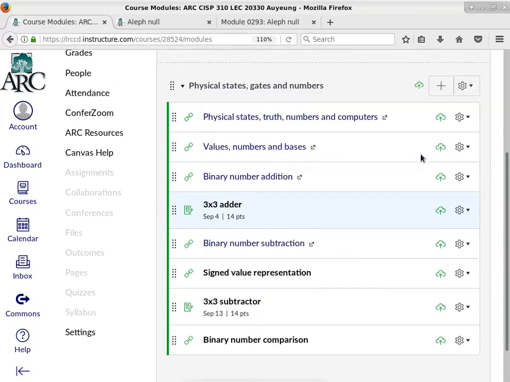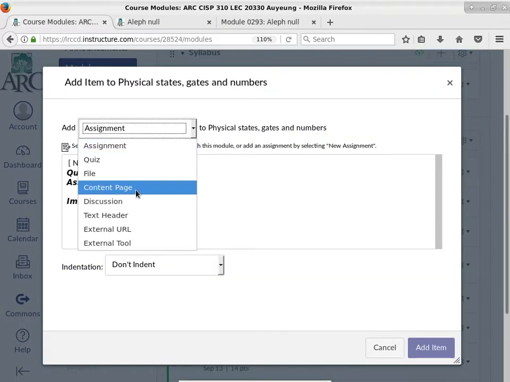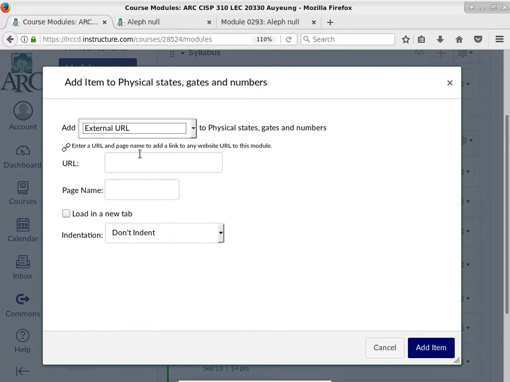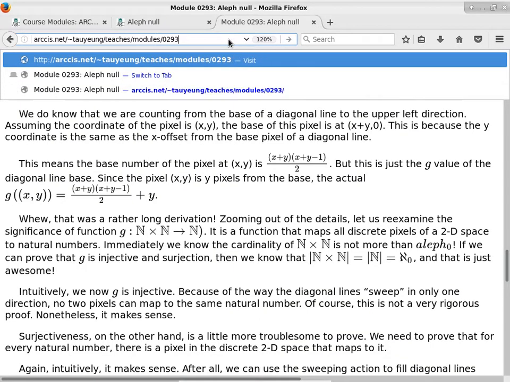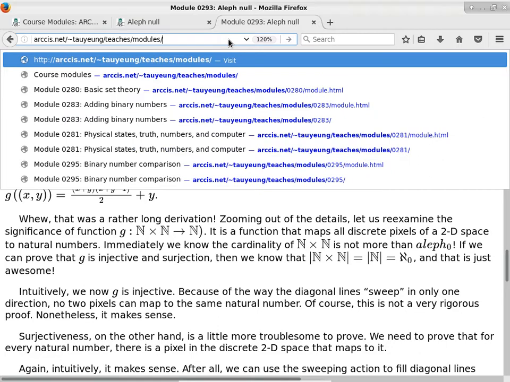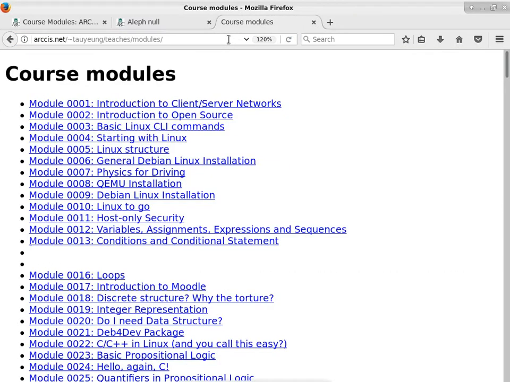Okay, I'm going to add a new module here. I forgot to add it into this class. This is an external URL, and this is the trick to get to my class notes, even if you don't know where to find them. Take the URL of any module, trim it all the way back to modules, then press enter, and it will give you a listing of everything I have ever written, in this particular format.